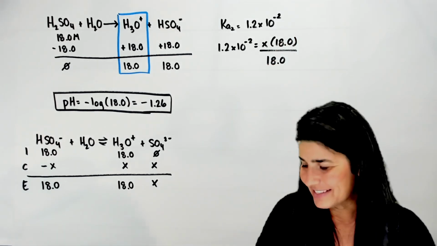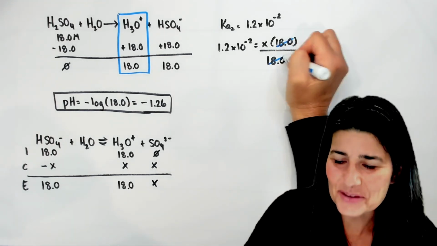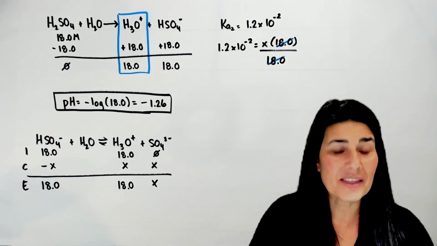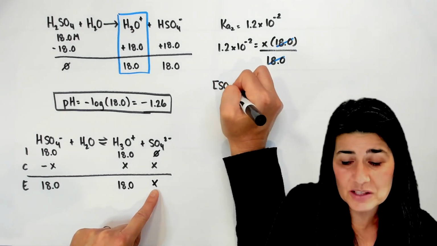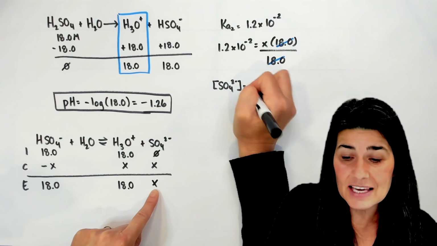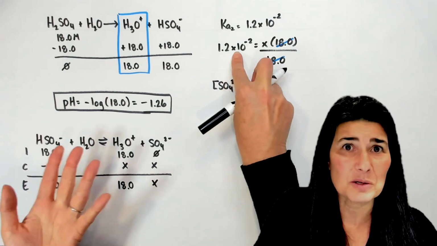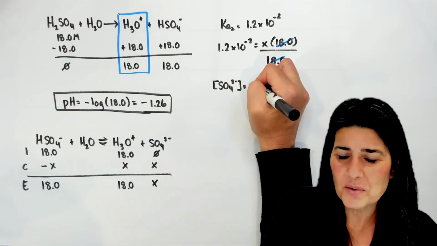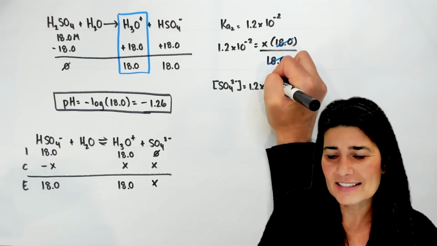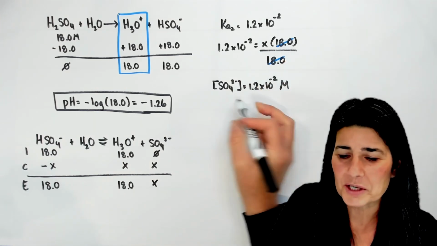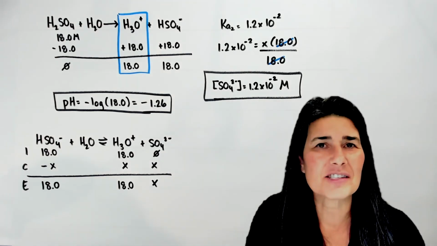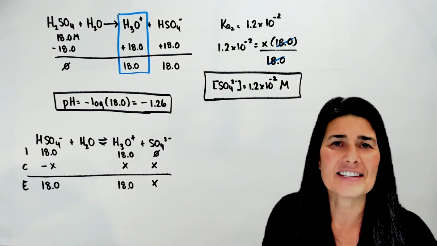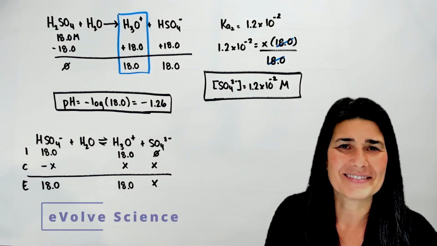Your 18s are going to cancel out, and that leaves you with x, or the concentration of your SO4 2-, equal to the second dissociation constant, 1.2 times 10 to the minus 2 molar. So there you have it. There's the pH of concentrated sulfuric acid and the sulfate ion concentration. Take care.